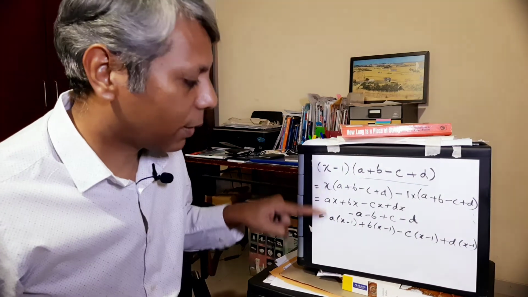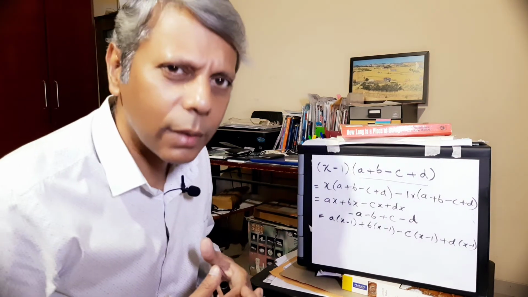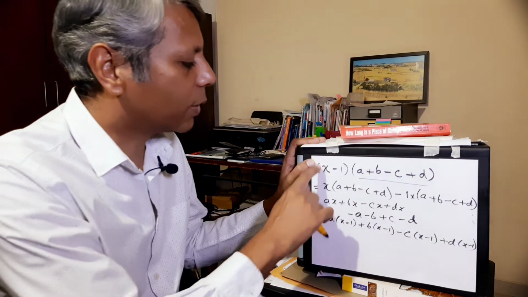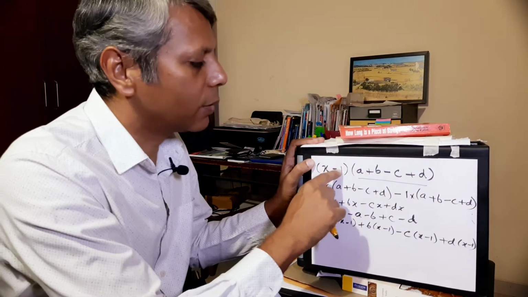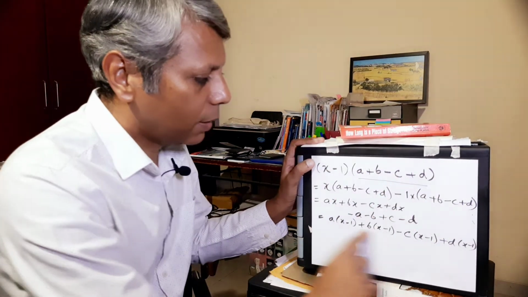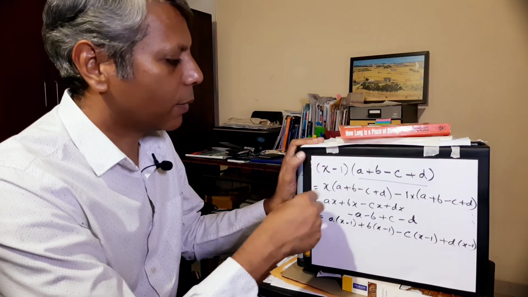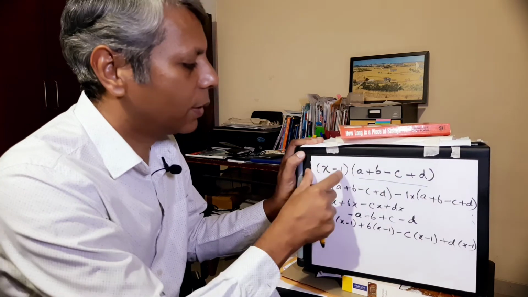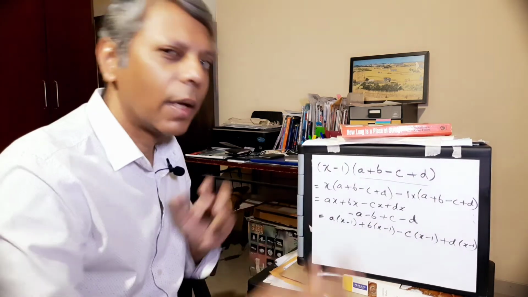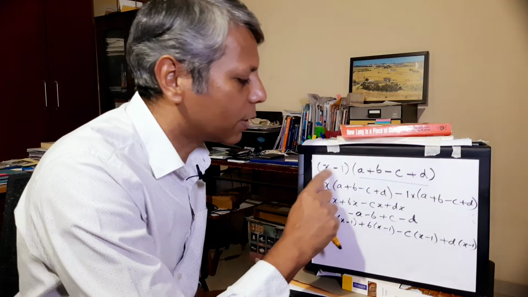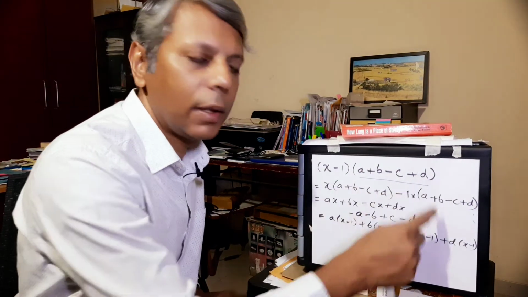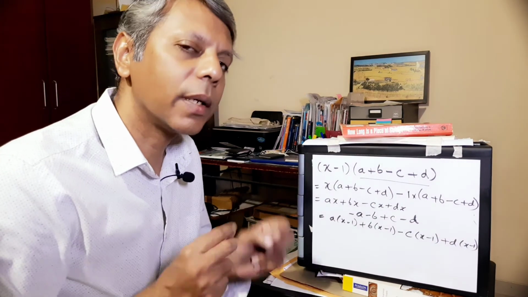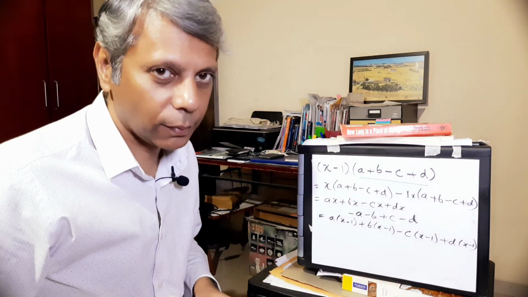What we did while solving earlier, or actually expanding it, simplifying it, so-called simplifying, is we said x into this entire thing minus 1 into this entire thing. This is what you will get if you do it the other way. You said a into this thing plus b into this thing minus c into this plus d into this. Everything is the same. If you actually decide the values of x, a, b, c, d, whether it is this expression or this, if you work it out, it will be the same.